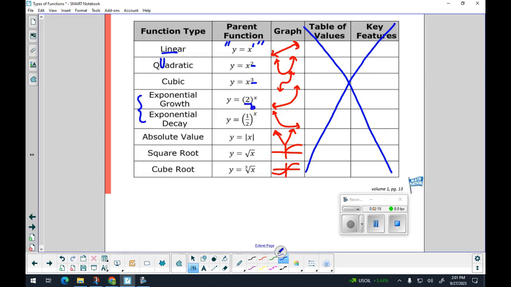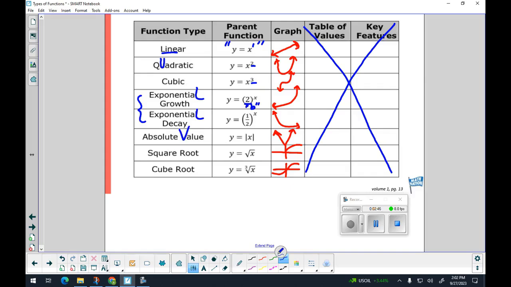Its base, that 2 right there, is the b, and that b lets us know whether it is a growth or a decay. If it's a whole number, it's a growth, and if it's a fraction, it's a decay. Think L for exponential when you're looking for those graphs, and when we get closer to exponential functions, we'll detail more about what they actually look like.